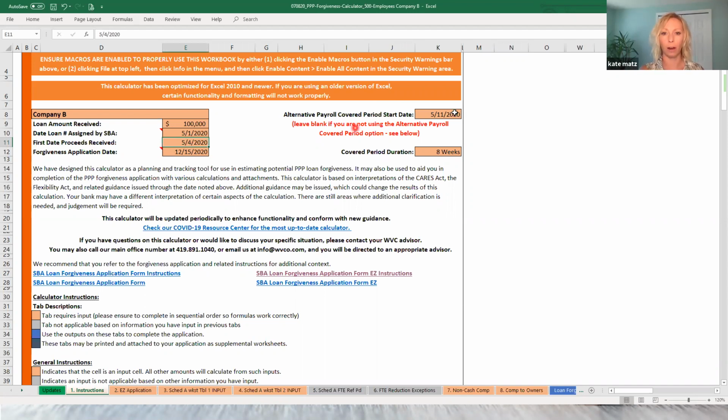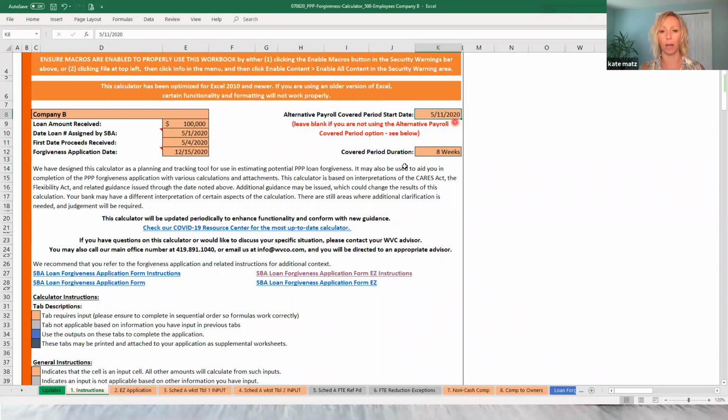Now, if your payroll starts on a later date than that, and I'm not sure exactly what you mean when you say you didn't have any payroll start, but I'm assuming you had payroll because you would have had to have payroll to get the loan, but maybe the next pay period start date isn't until later. This is where you can update what that next pay period start date would be, and that would help line up your pay periods with your covered period for payroll.